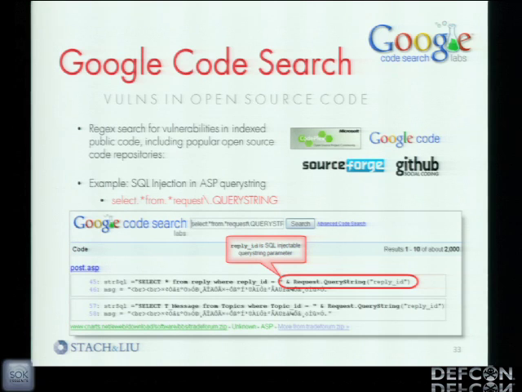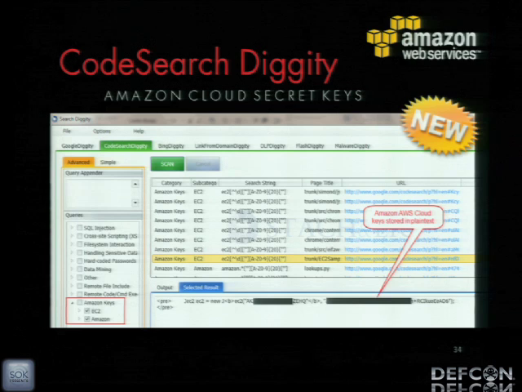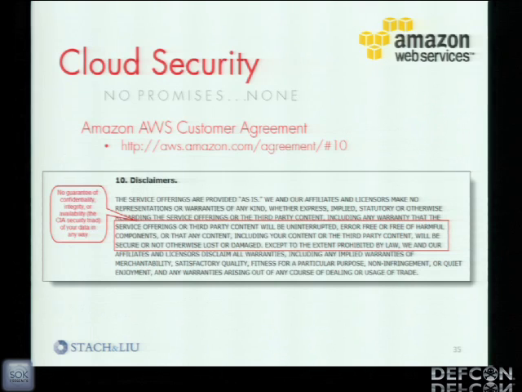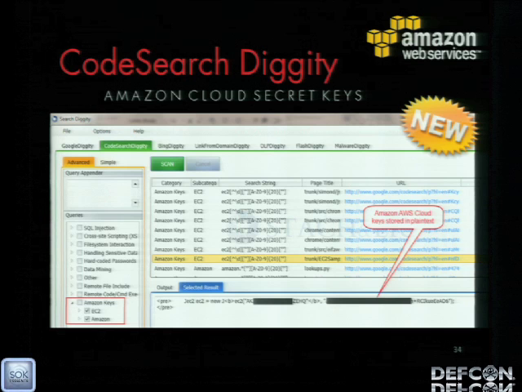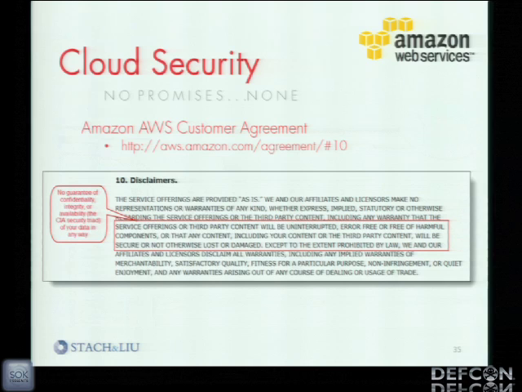It's a quick way of doing this. We found SQL injection in blogging software, and about 11,000 sites in China were using the blogging software that was vulnerable. So now we can just find the targets. We would go to the post.asp page and tamper with the reply_ID parameter, and we know exactly where to go for open source code.